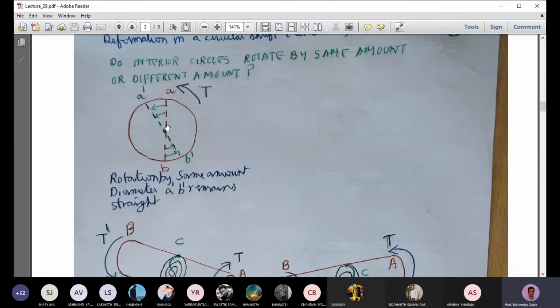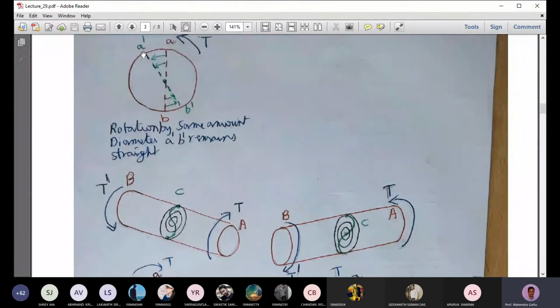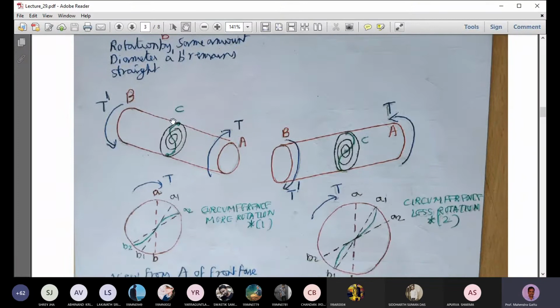We don't know whether all the circles will rotate by the same amount or by different amounts, so let's do one more exercise here. Let's assume that the diameter is not straight anymore. It is taking some shape. As a result, there will be some differential rotation, so different circles rotate by different amounts. Let's assume some shape here that is not straight.